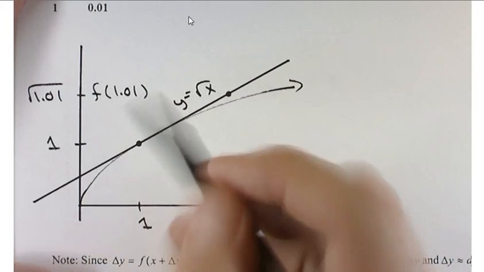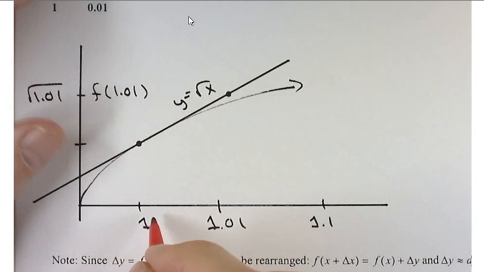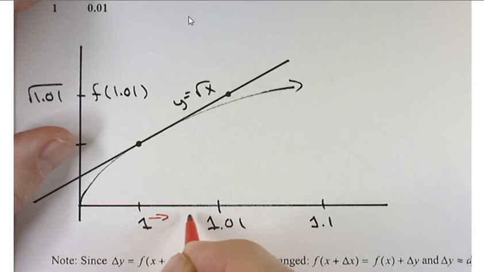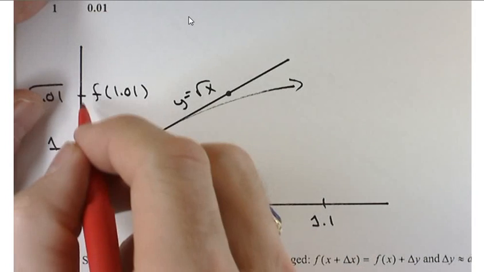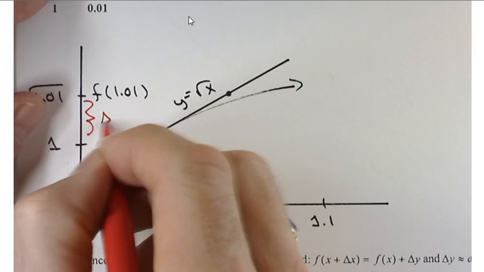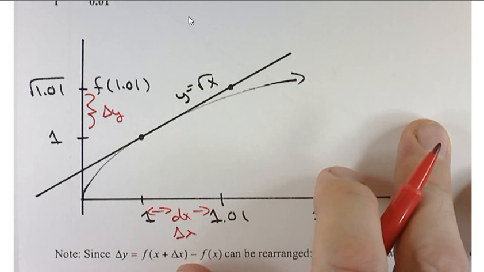This difference is the exact change in the function. That's how much it increases by as you move this distance. This distance here is your dx or delta x, the distance between these 2 points. This distance is your delta y. That's exactly how much the function changed by.